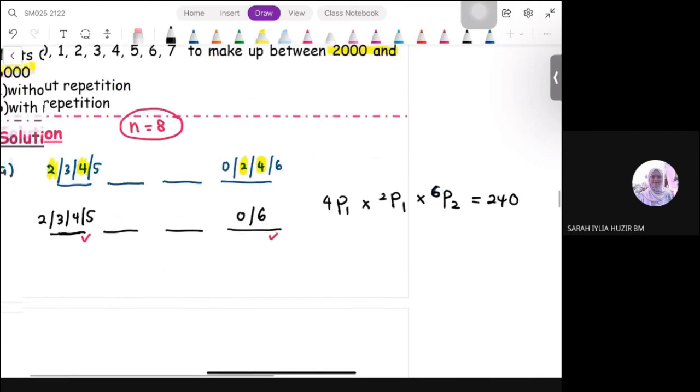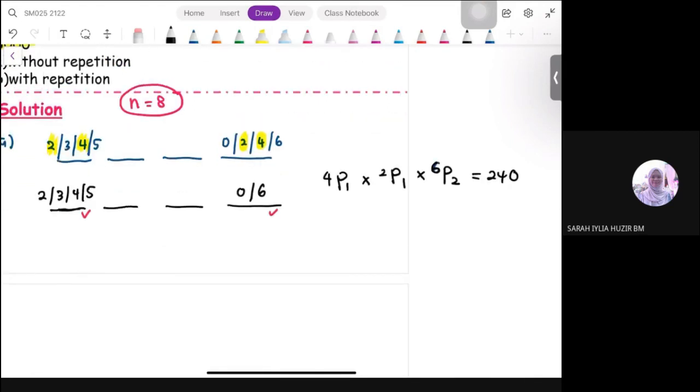Okay. Now let's go to the second case if our ending is 0. Sorry, not 0. 0 kita dah buat tadi. Is 2. Okay. If we use 2 on the last space, means for the first space, it can be either number 3, 4 or 5.